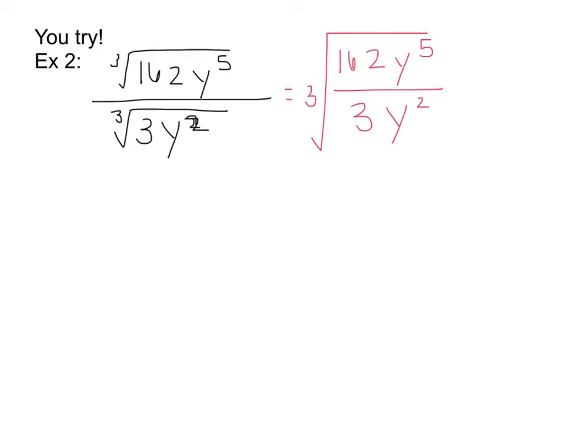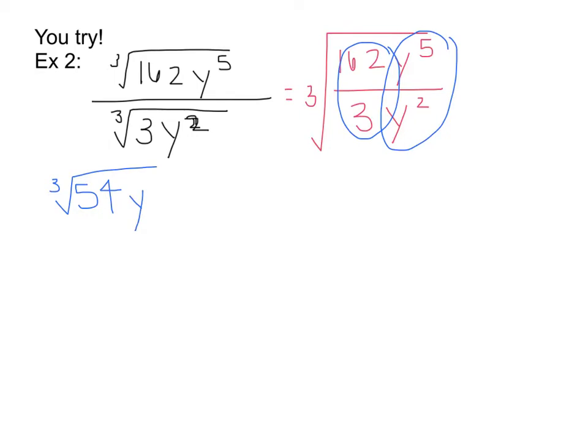Now we are actually going to divide. 162 divided by 3 is going to give me the cube root of 54. And then remember, subtract your exponents, so 5 minus 2 gives me y to the 3rd.